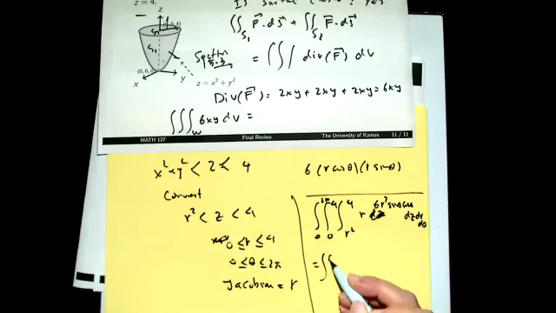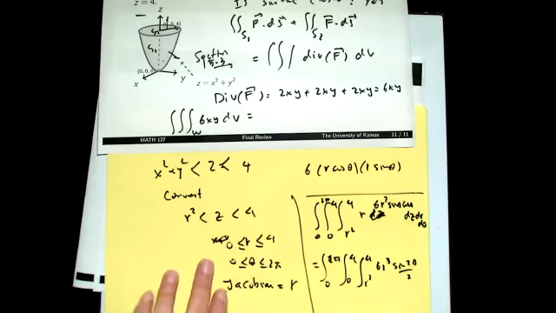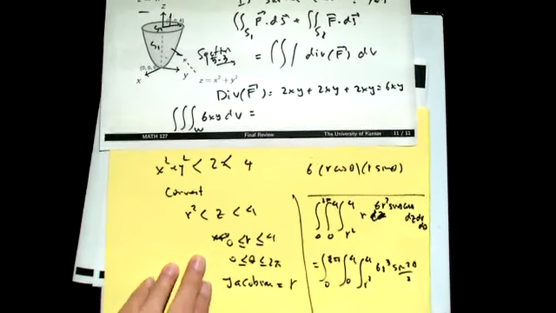And then it's the integral from 0 to 2 pi, 0 to 4, r squared to 4 of 6r to the third, sine of 2 theta divided by 2. I'm trying to save paper and I mess it up over and over, so it's not saving paper.